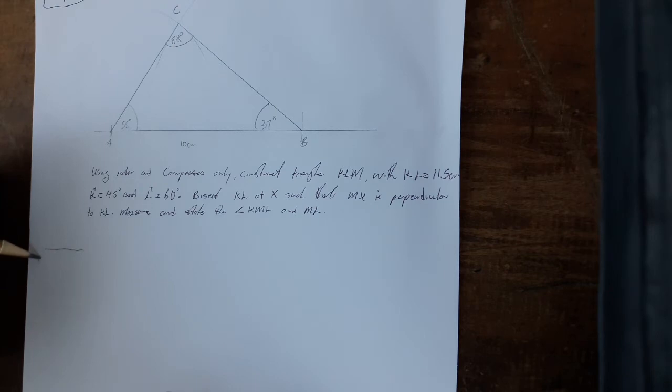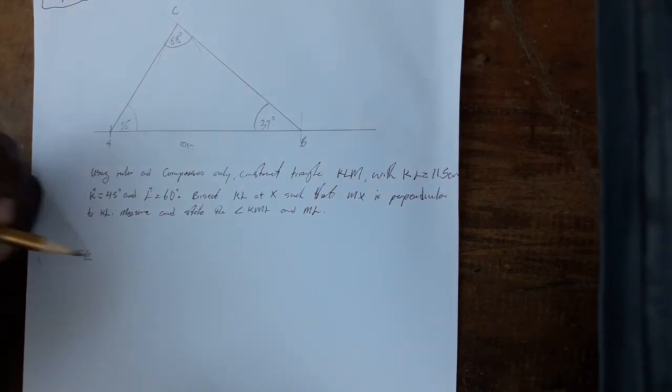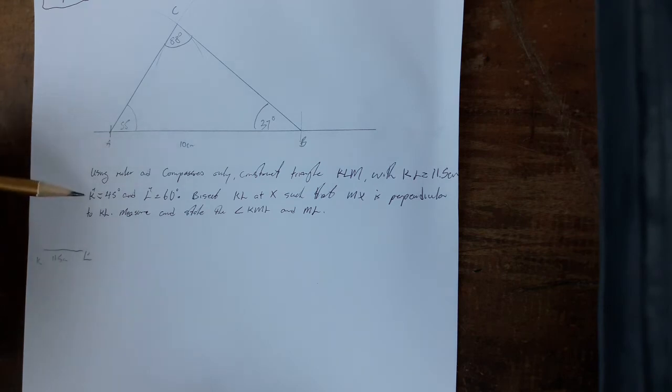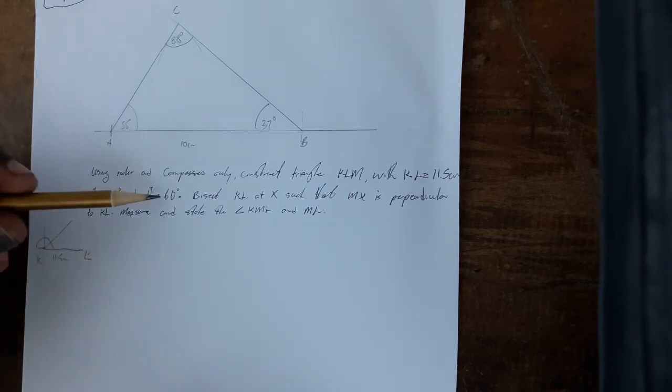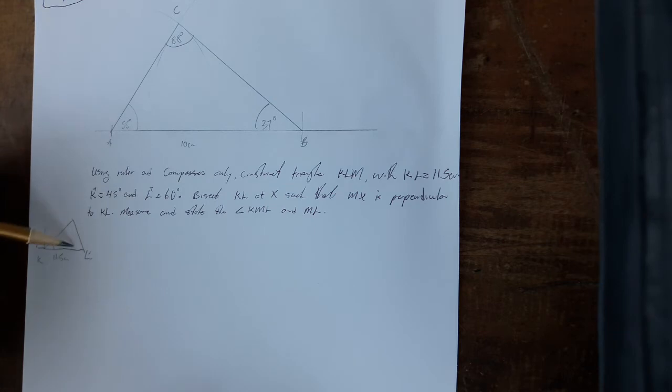K to L is 11.5 cm. They said the angle at K is 45, and in order to construct a 45, you must first construct a 90. The angle here is 60 degrees, so this has to be 60 degrees and this 45 degrees. So we have our sketch, and up here is going to be M.